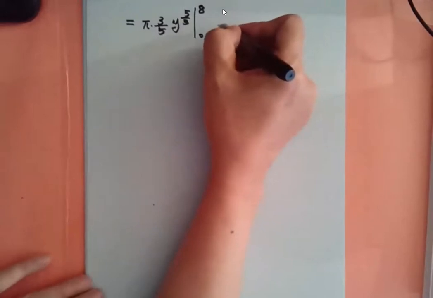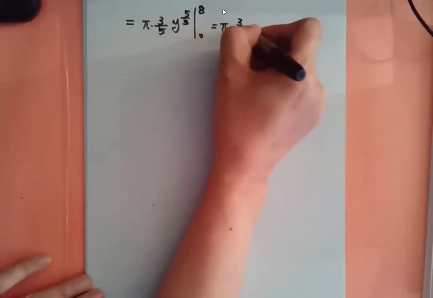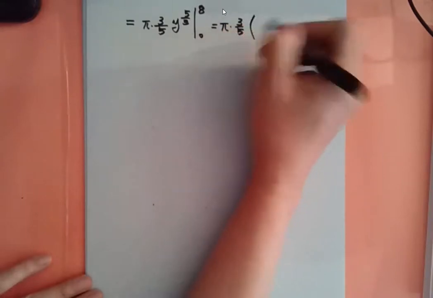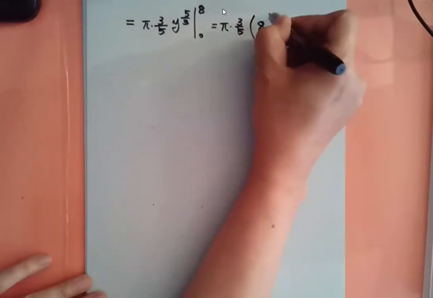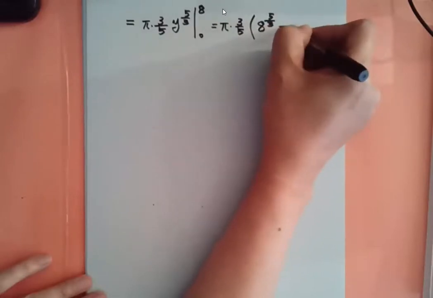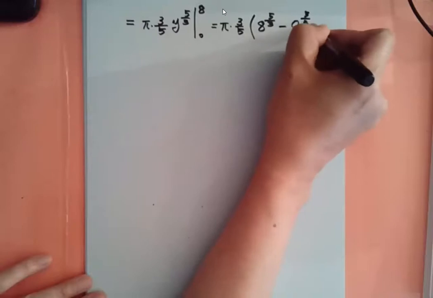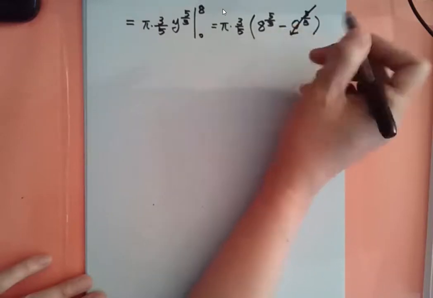Okay, let's evaluate. Then pi times 3 over 5, and then we plug in the number 8 to the 5 over 3 minus 0 to the 5 over 3. Of course, this is nothing.